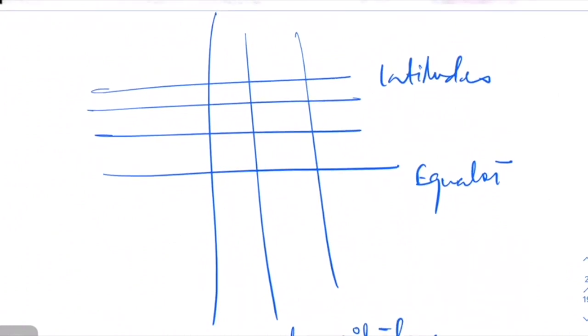Suppose this is 0° latitude, the equator. I would like to consider this as the 0° meridian, which passes through Greenwich, right? So this is 0° longitude, this is 0° latitude. Fine. Now we'll go to the question.